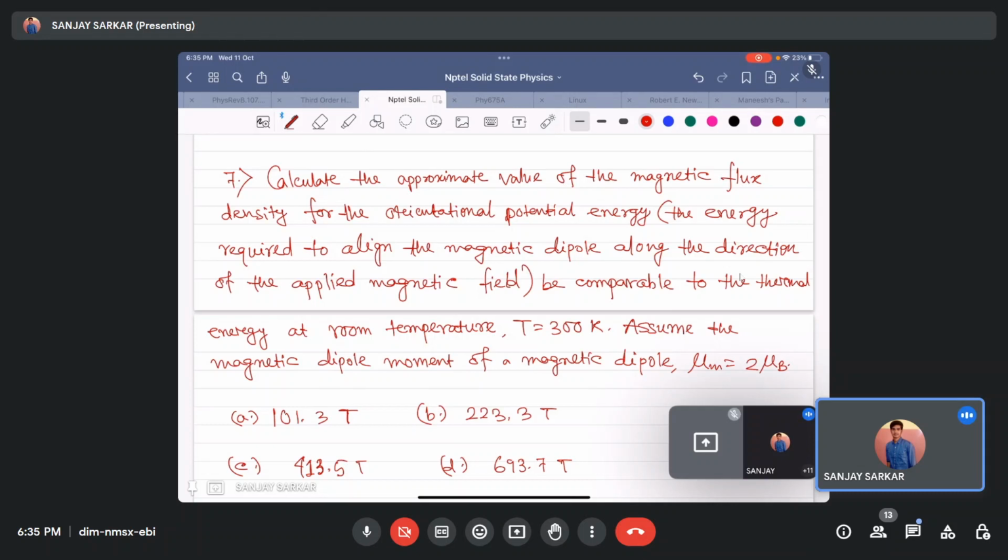Since g and J are given, you need to adopt the quantum mechanical approach and calculate the intrinsic magnetic flux density. So refer to any textbook, you can definitely solve the question. Do you know about Kittel or Puri Babbar? So I'll write.